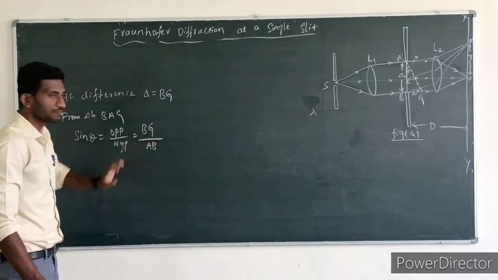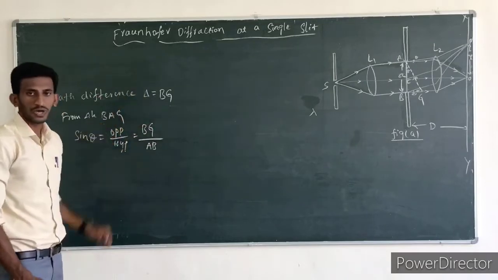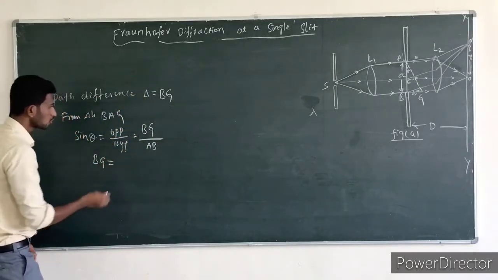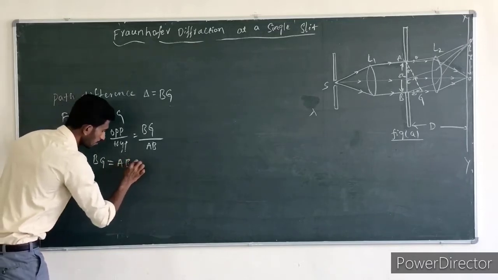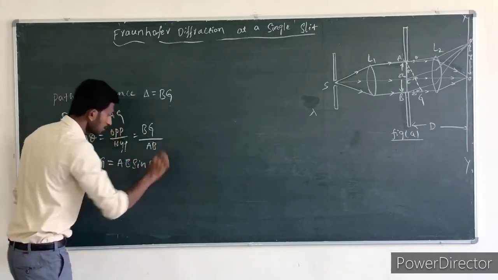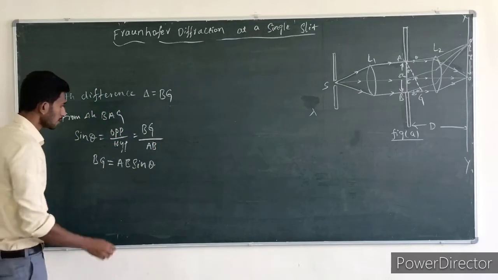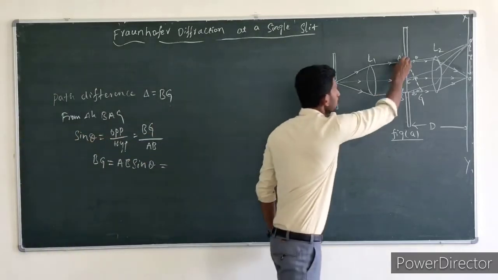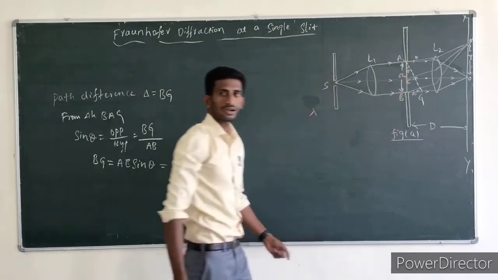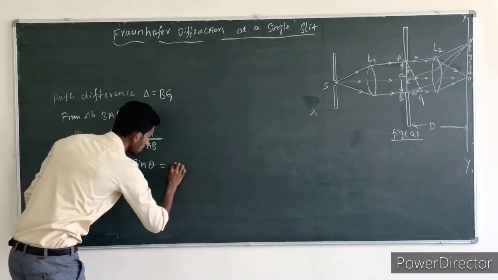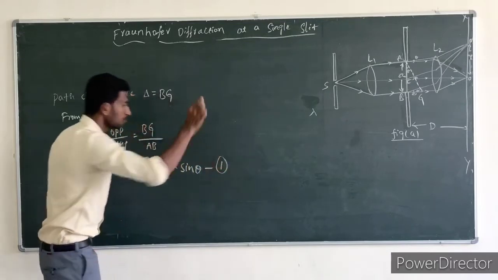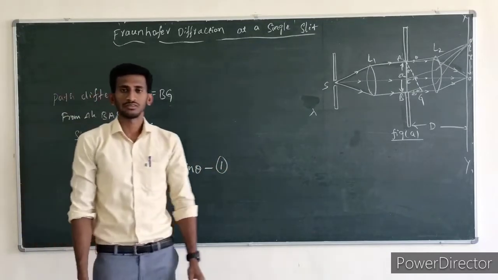Now here I want BG. BG is nothing but the path difference. So BG is equal to AB sin theta. AB is nothing but small a. So this becomes a sin theta. I will call this equation number 1.